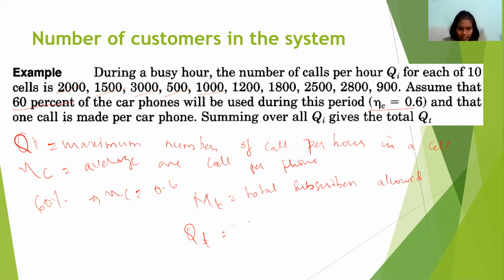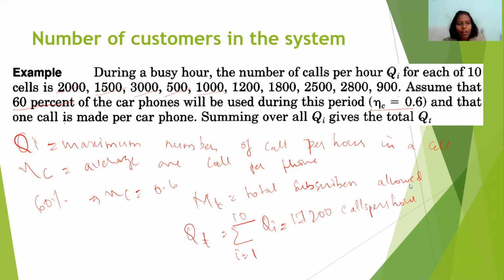That means summation of i equals 1 to 10 cells, Qi, you will get the QT. When we sum up all these 10 cells values, we will be getting 17200. This is measured in calls per hour.